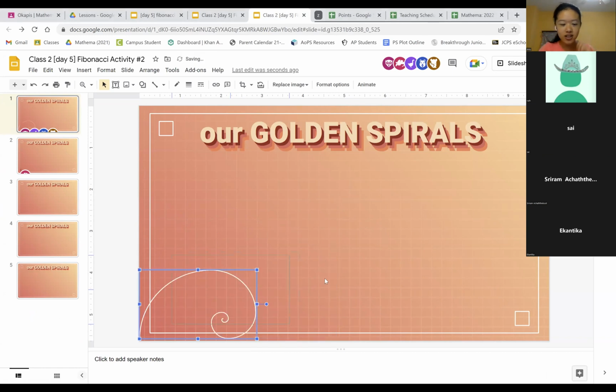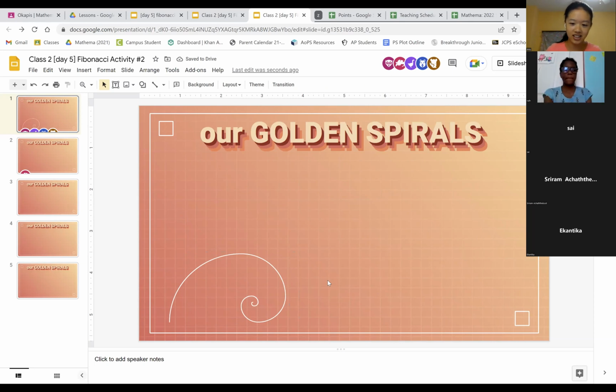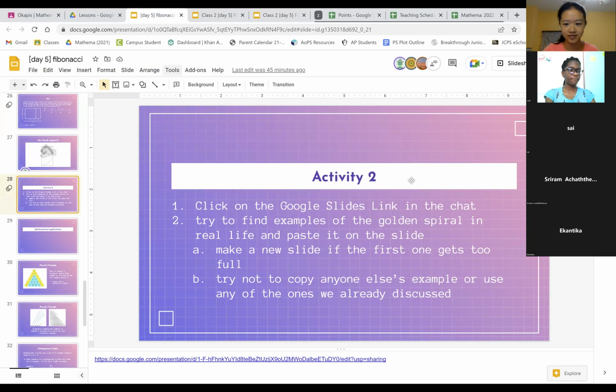I think for this, if you find them on the internet, that's fine. If you also have your own pictures of something that you think might be cool, like if you went to the beach and found a very cool looking shell, then you can also paste it onto the slide. I actually have a shell to show you.